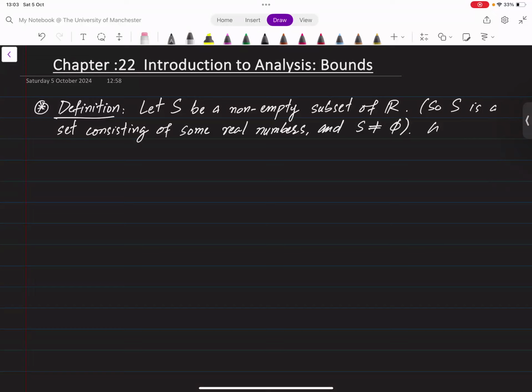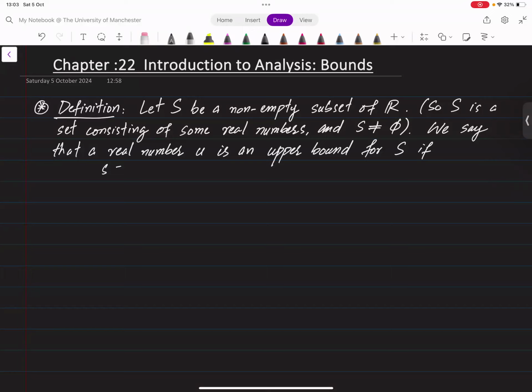Okay, we say that a real number U is an upper bound for the set S if the small s in S is less than or equal to U for all s in S.